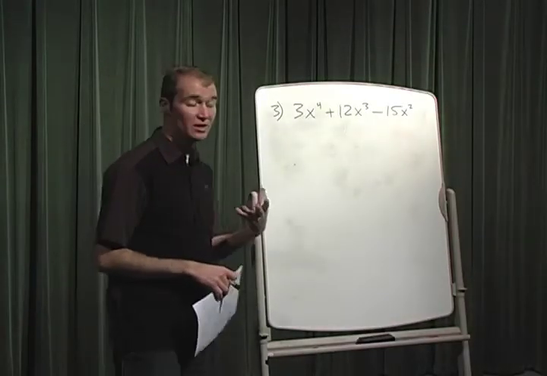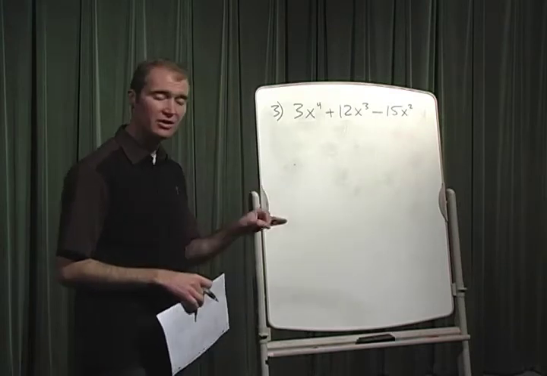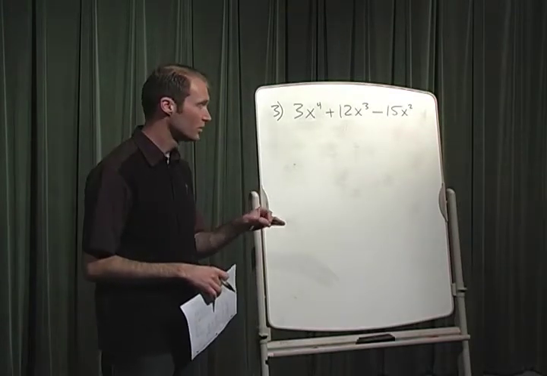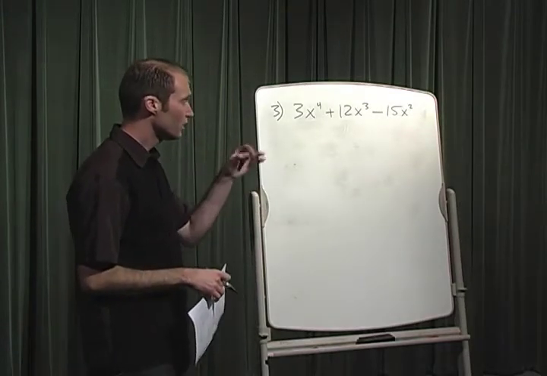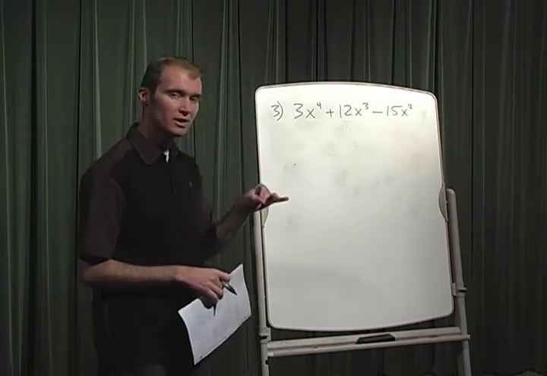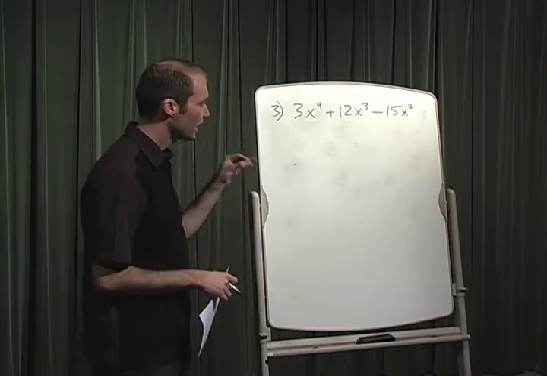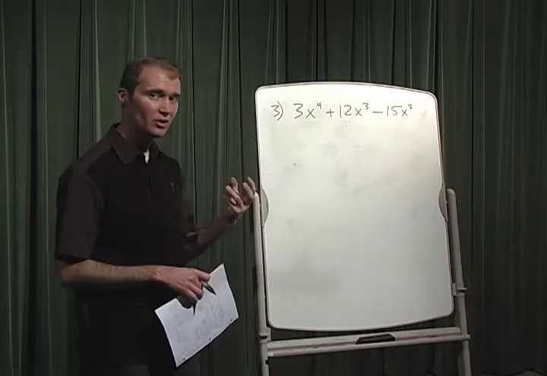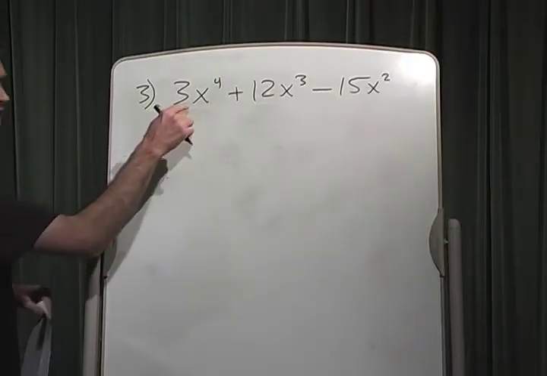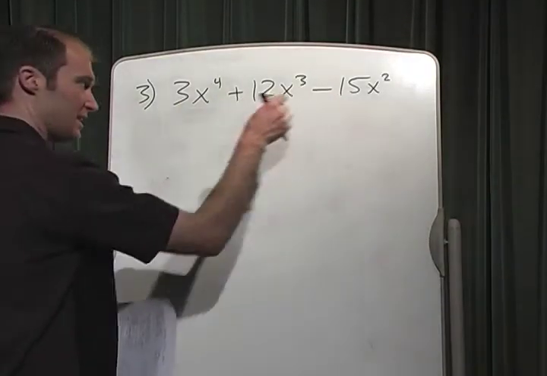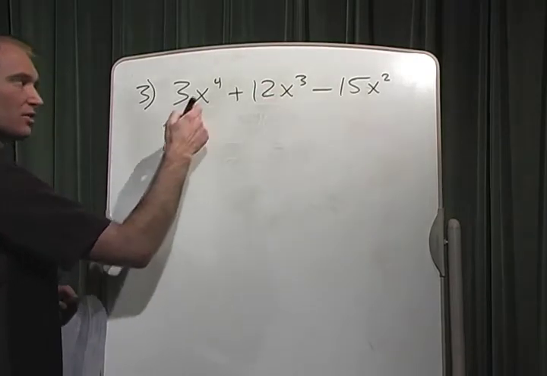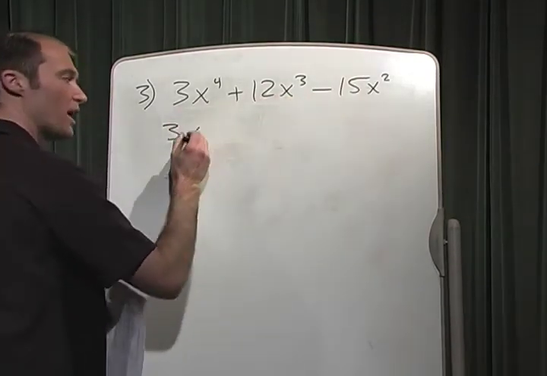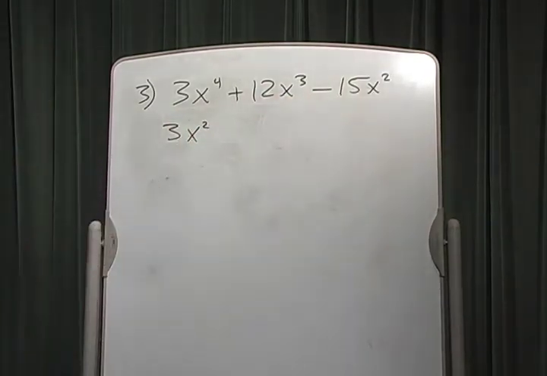Well, the first thing you might think is this doesn't fit the pattern that we're used to. Well, what you need to do when you come across a problem like this is, first of all, just ask, what do they have in common? Is there something that I could factor out? Well, in this case, I could factor out a 3, but more than that, I could also factor out an x squared. They all have 3x squared in common.